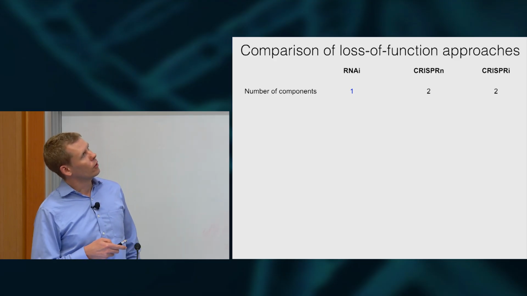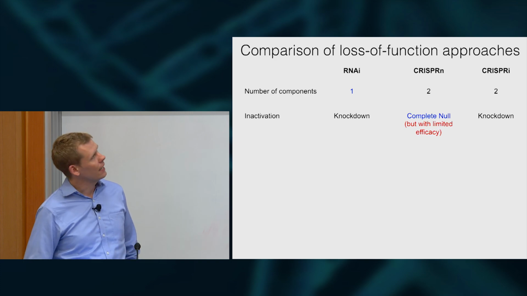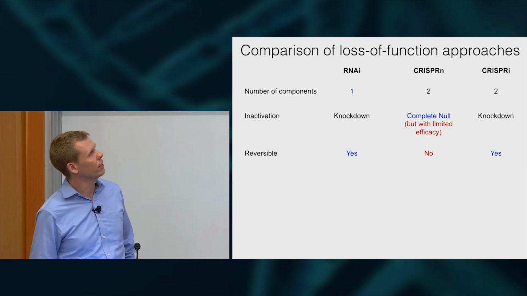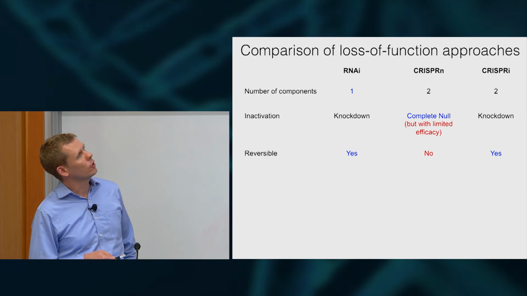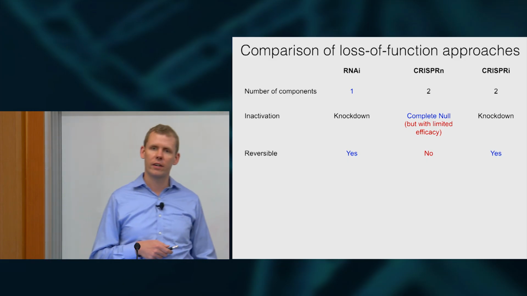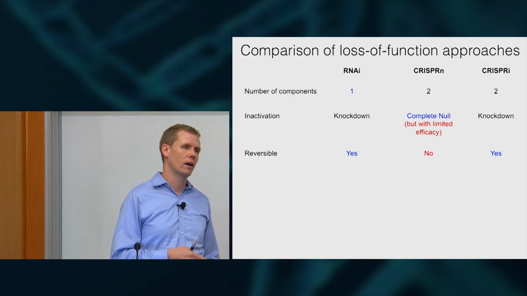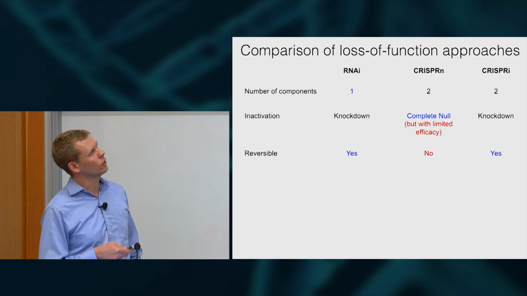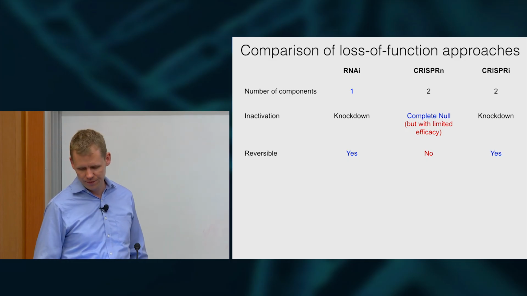Versus for CRISPR-I or CRISPR nuclease, we need at least two components. Inactivation: knockdown versus complete null but limited efficacy, as shown on the previous slide. RNAi and CRISPR-I are reversible. This is actually very nice if you want to manipulate gene function in a time-controlled way, versus CRISPR nuclease, which is not reversible.